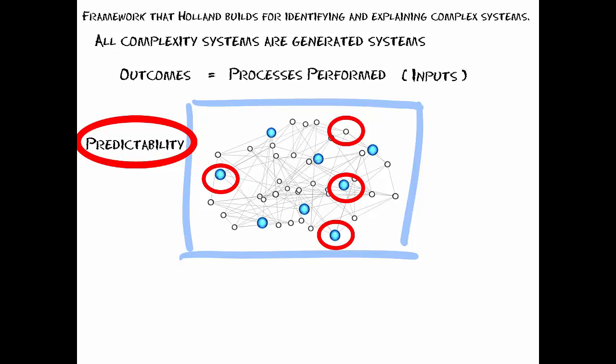So the whole process then becomes very unstable, and therefore you end up with a complex process because you cannot predict what ultimately is going to happen. So you can't predict the outcome. So basically, the less predictable the outcome is, that's another way of identifying that we're dealing with a complex process, because we cannot predict what the output is.